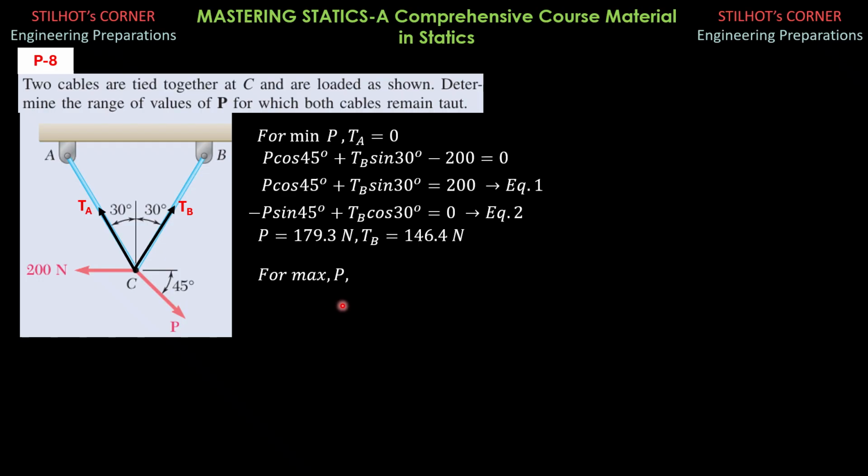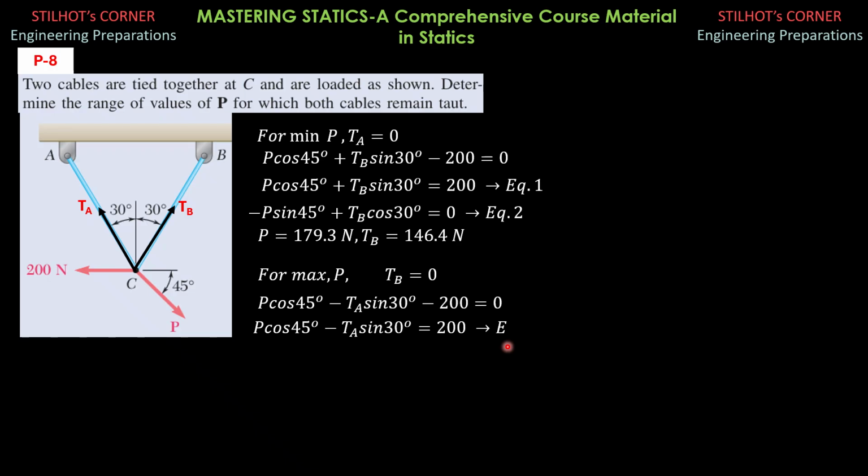So for maximum P, T sub B is 0, then only T sub A has a value. Summation forces X, so P cosine 45 degrees minus T sub A sine 30 degrees minus 200 equals 0. Simplifying, P cosine 45 minus T sub A sine 30 degrees equals 200.